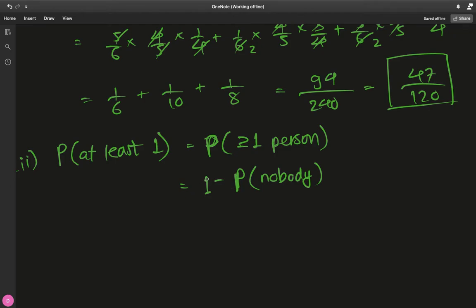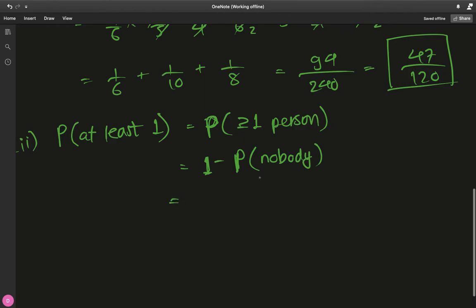So we can have 1 minus probability of nobody hitting the target, because nobody and at least one will make the complete set of all possible outcomes.